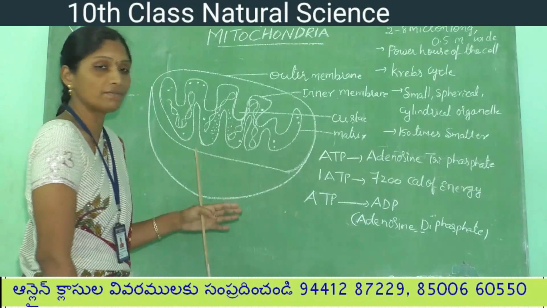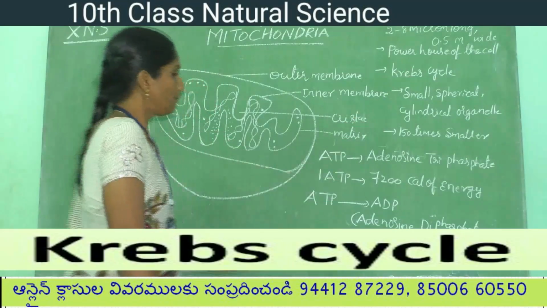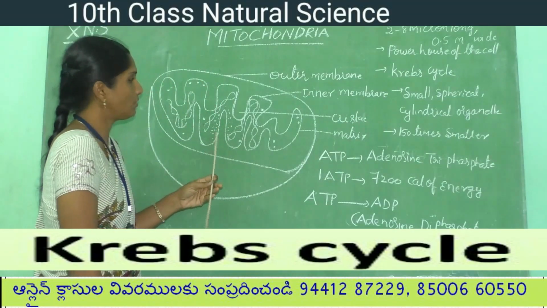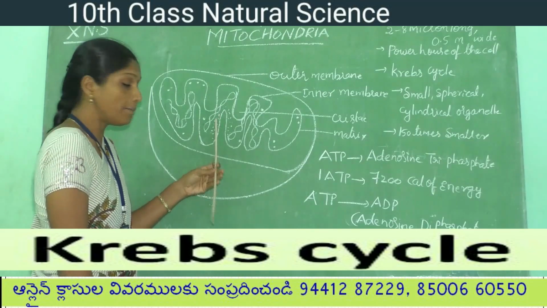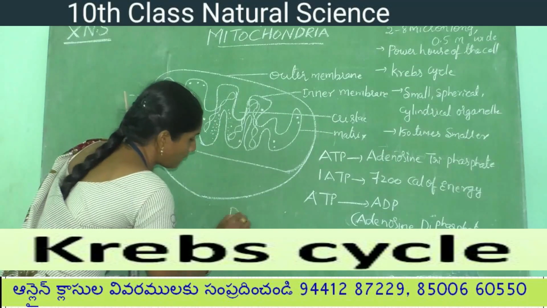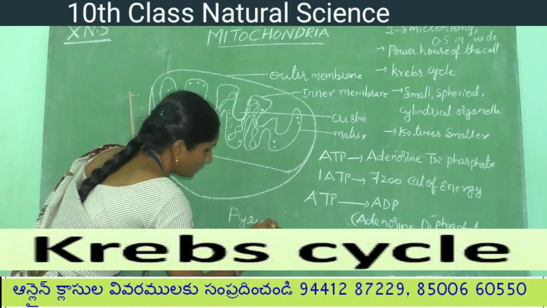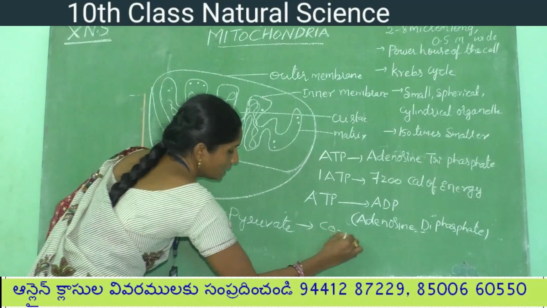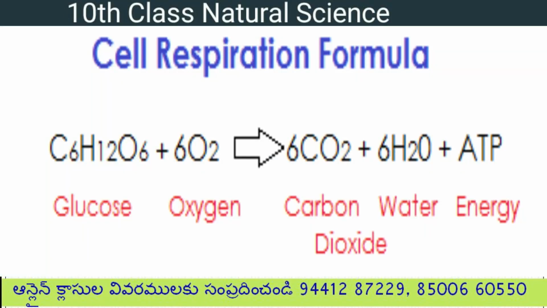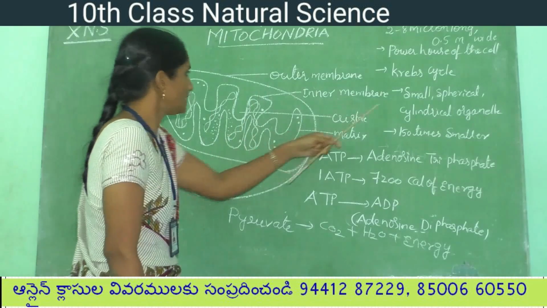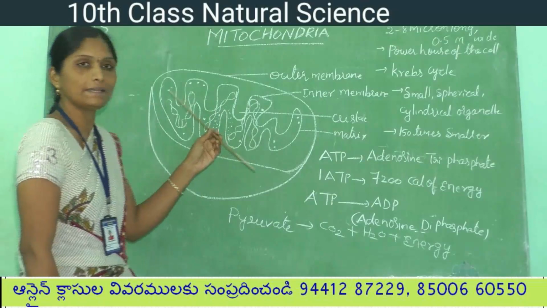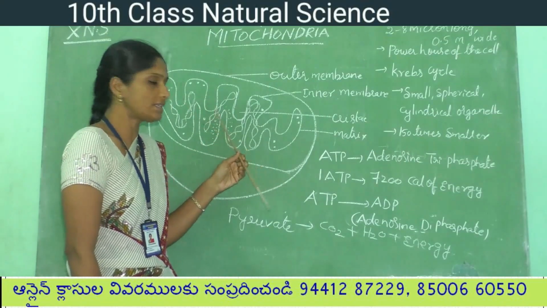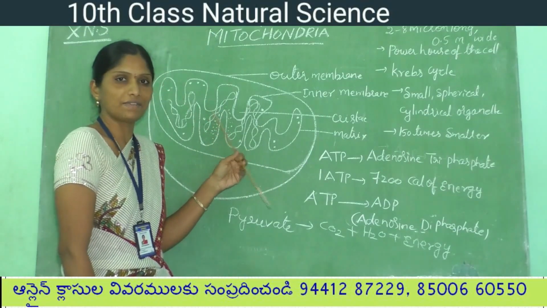In the next step of the Krebs cycle, pyruvate passes into the mitochondria, and pyruvate is completely oxidized to form CO2 plus H2O plus energy. This occurs in the Krebs cycle, totally in the mitochondria in the presence of enzymes.